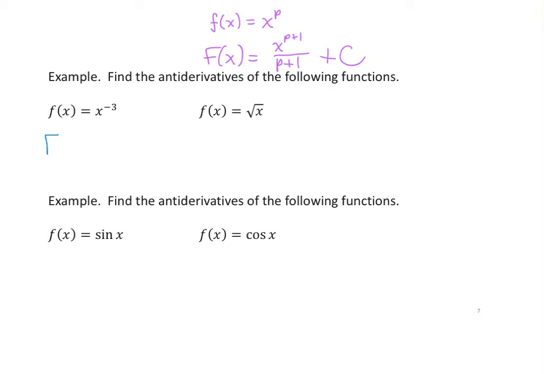So capital F of x, the antiderivative, would be add 1 to the exponent and divide by that new exponent, which means what we would have is x to the negative second power over negative 2. You could simplify this a lot of different ways, but one way is to say that it's negative 1/2 x to the negative second power.